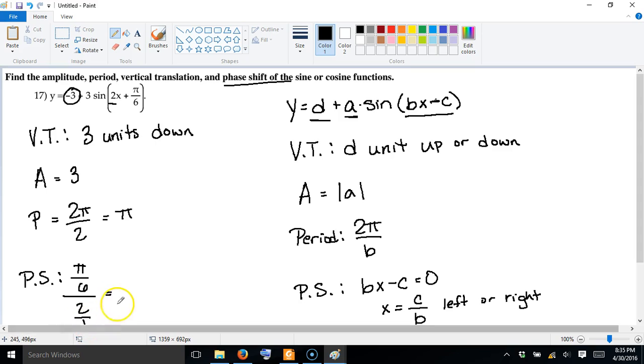This is like saying pi over 6 divided by 2 over 1, which, remember, you take your numerator and multiply it by the reciprocal of the denominator, and you get pi over 12, and this is units to the left. So pi over 12 units. Got my little s here. There we go. And we're done with that problem.